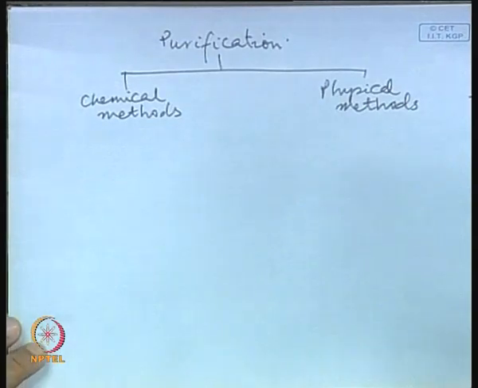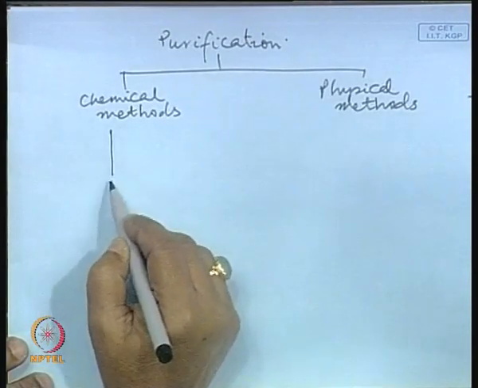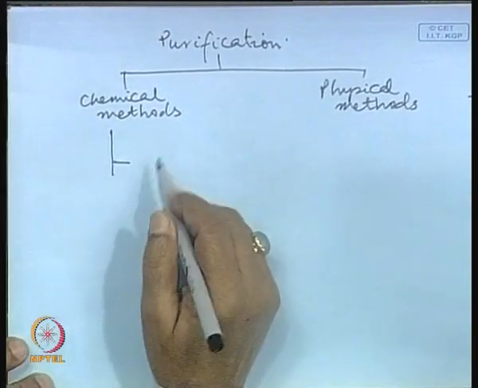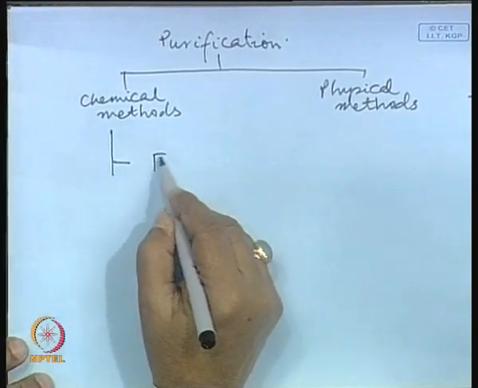I will very quickly indicate some of these methods, and what I am going to say is not a total picture, but some of the important ones I would certainly mention. Under chemical methods, the most important method is fire refining.